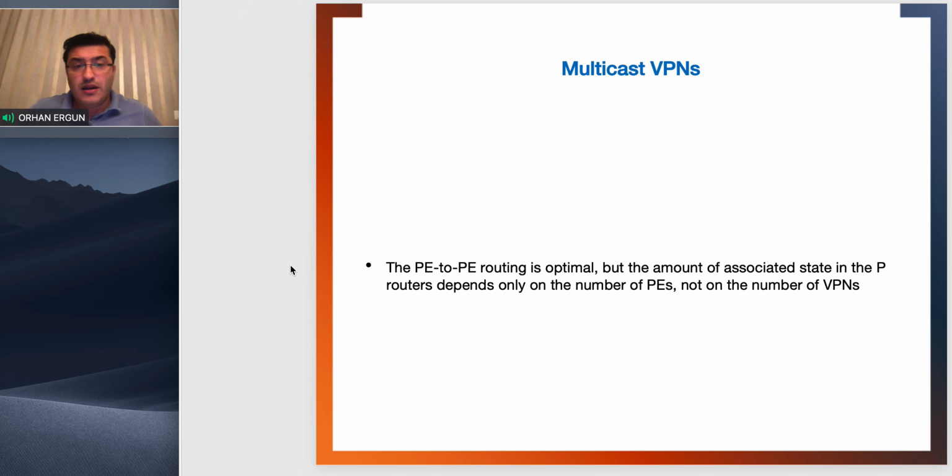So the number of states on the P device doesn't grow with the number of VPNs. It doesn't matter if I have one VPN, 100, or 10,000; from the P device point of view, the control plane doesn't care about the number of VPNs. Okay? State is not related to the VPN on the P routers with RFC 4364, which means unicast MPLS L3 VPNs.